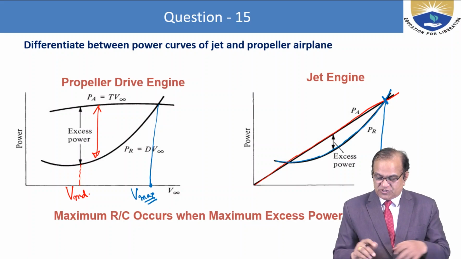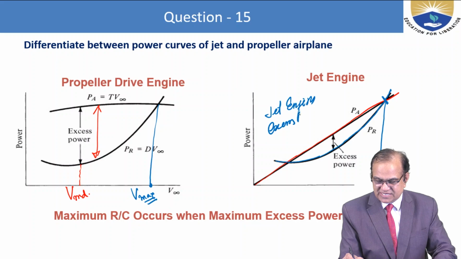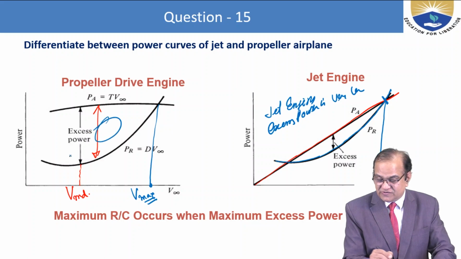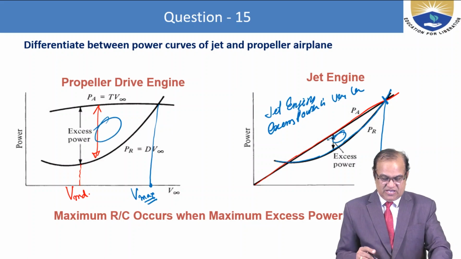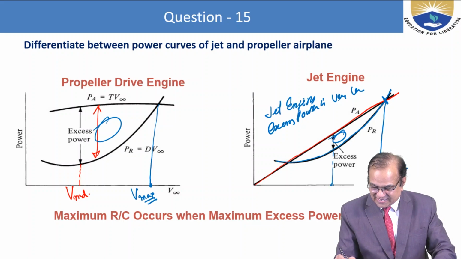And here the excess power is very less in a jet engine. So maximum rate of climb occurs at maximum excess power. So in this case you have to fly at this point.